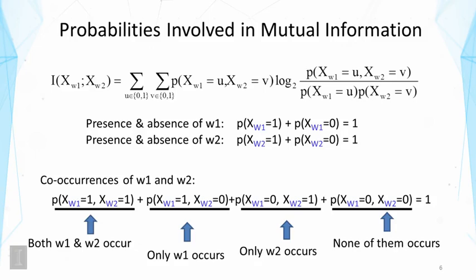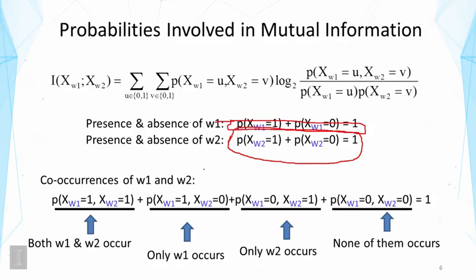So for W1, we have 2 probabilities shown here. They should sum to 1 because a word can either be present or absent in the segment. And similarly for the second word, we also have 2 probabilities representing presence or absence of this word, and they sum to 1 as well.